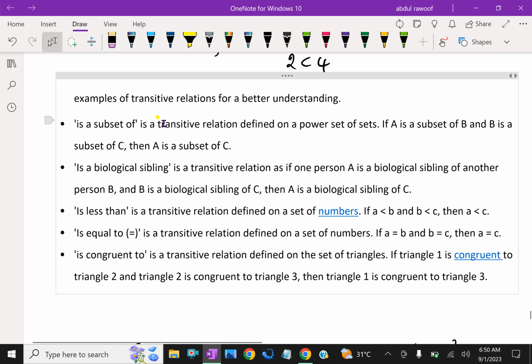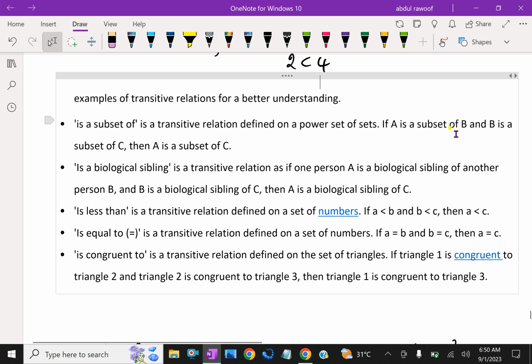More examples of transitive relations for a better understanding. Is a subset of: one set is a subset of another, defined on the power set of sets.